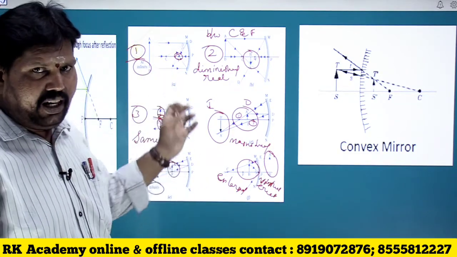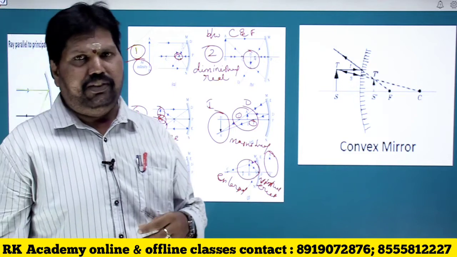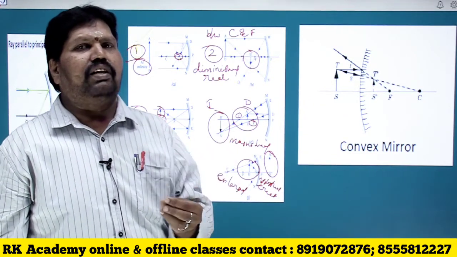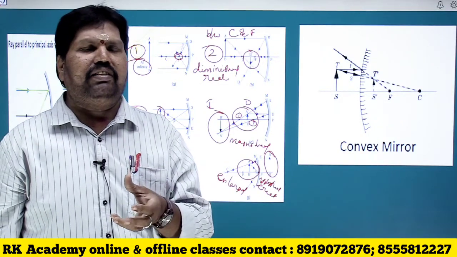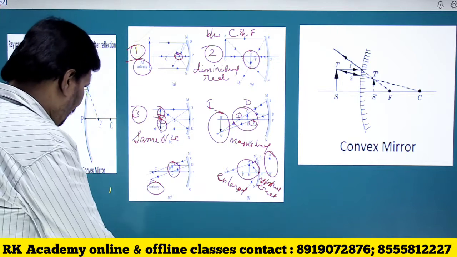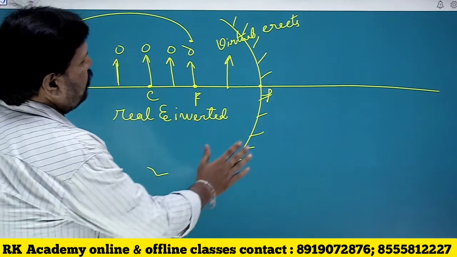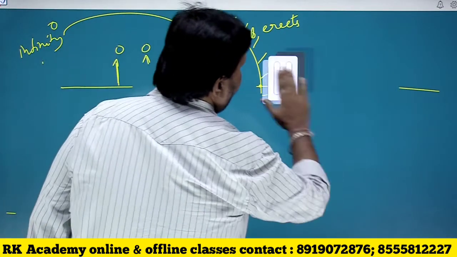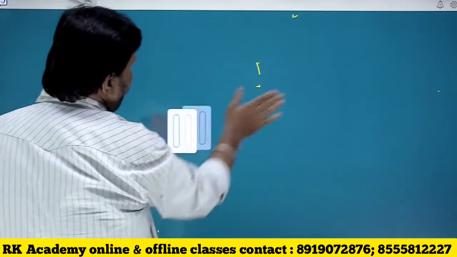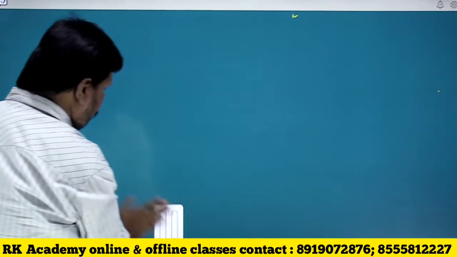That image will be at infinity. So you can understand the position of images, nature of images and size of images. It's very clear. I would like to tell you once more that one should understand this very clearly, where you get the bits from it.